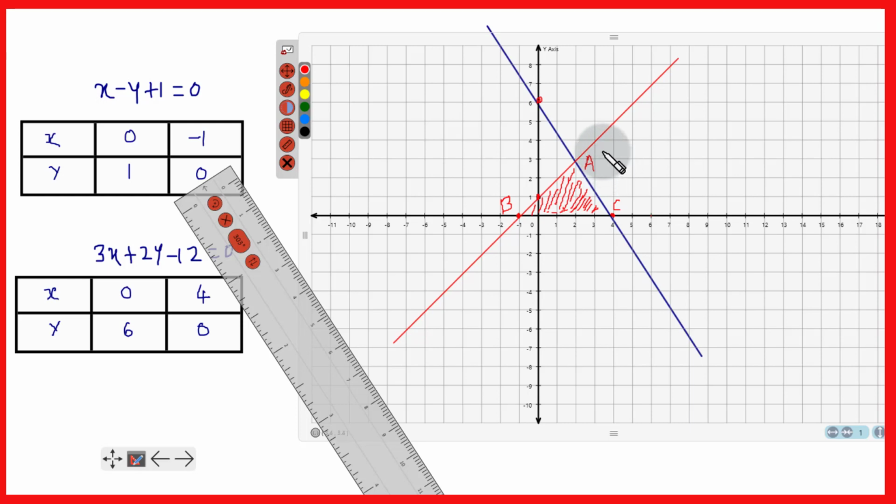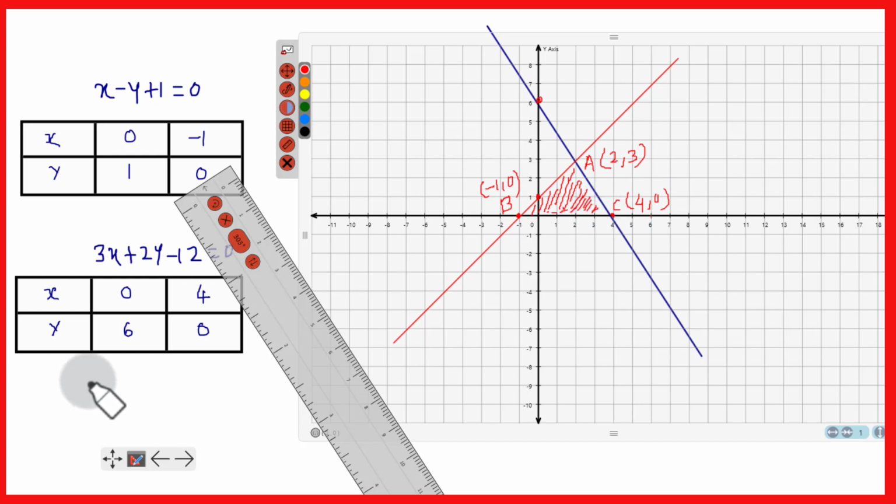And you have to write the coordinates also. Here this will be 2, and this will be 3. So the A coordinate will be 2, 3. And the B coordinate, of course, is minus 1, 0. And the C coordinate is 4, 0.